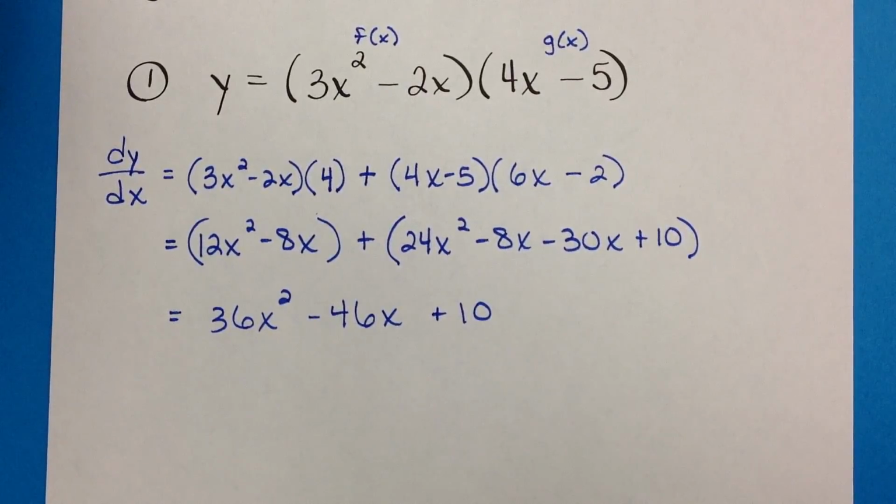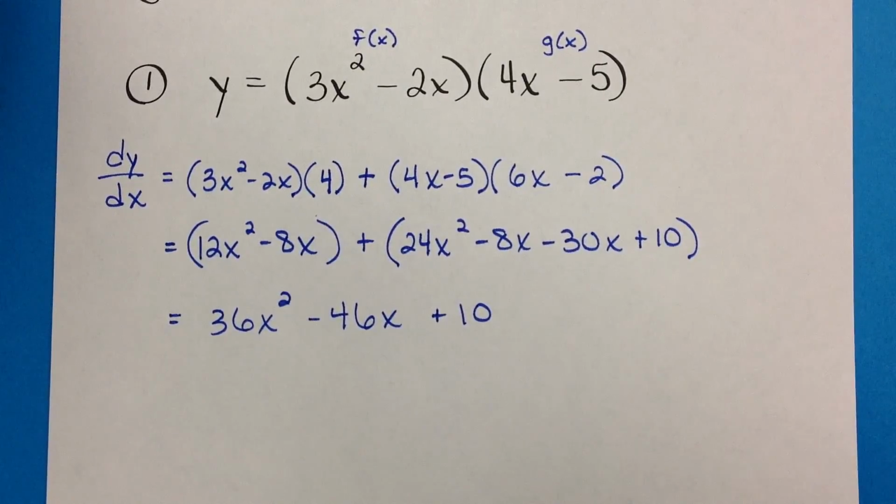Then you could take the derivative of that, which would end up actually taking the derivative of 3 terms, and you would end up with exactly the same answer. So sometimes there's more than one correct way that you can work these, but we're needing to learn the product rule right now, so that's what I want you to concentrate on doing on all of these problems is the product rule. Okay, next one.